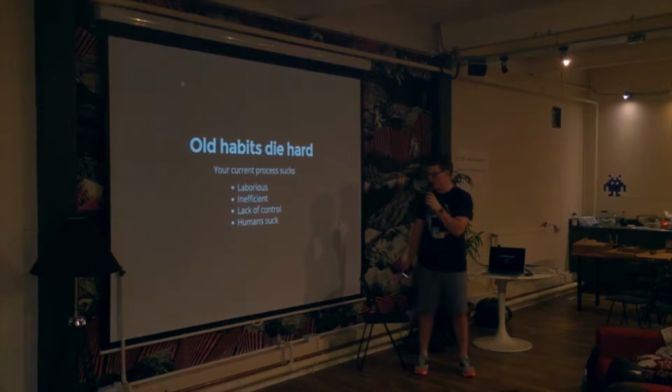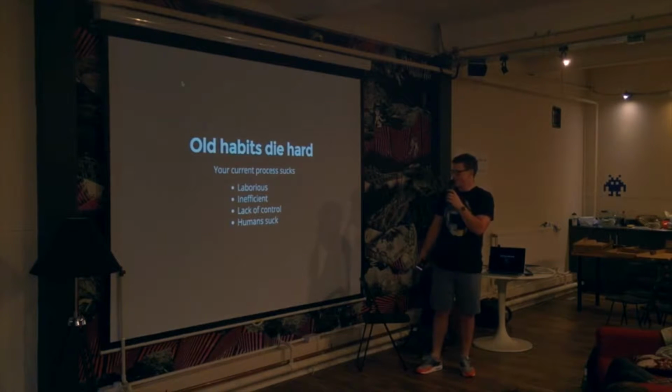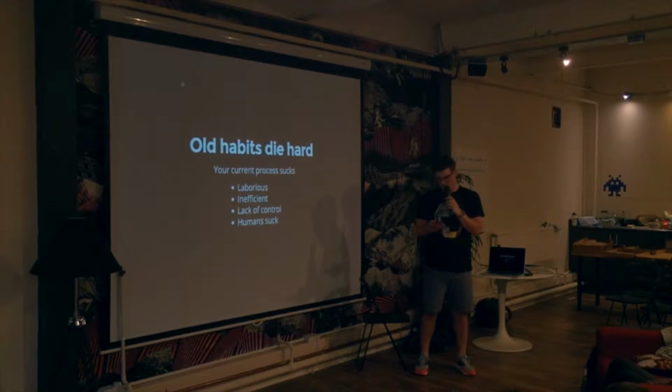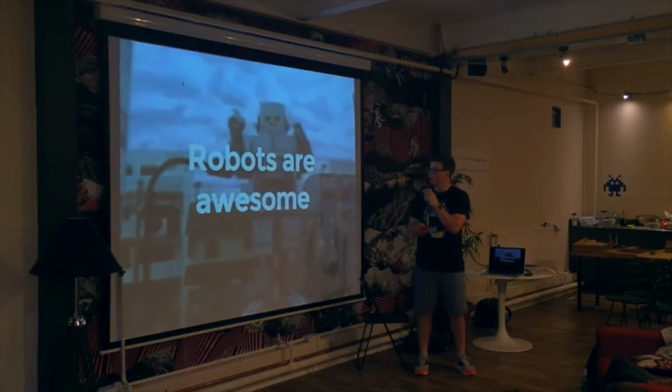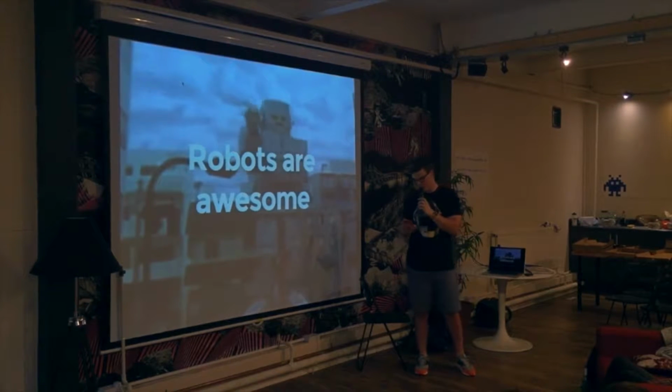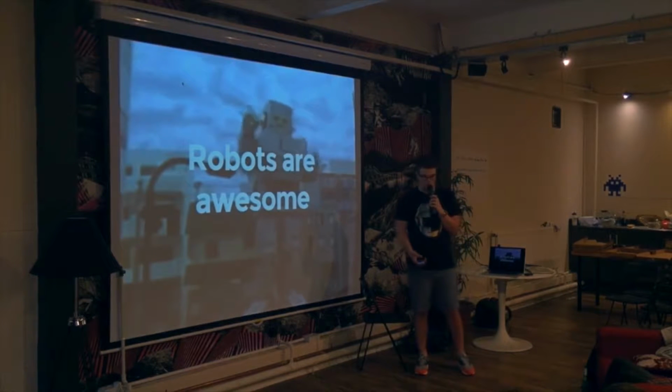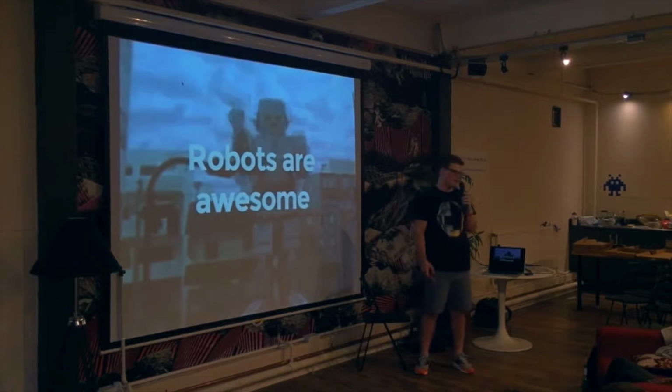We are pretty terrible at doing boring things that we don't want to do. So going off to some website to minify CSS is probably a boring thing, so why use that? And robots are actually awesome at those mundane tasks, so we should embrace them and let them take over. That's the first of many gifs.